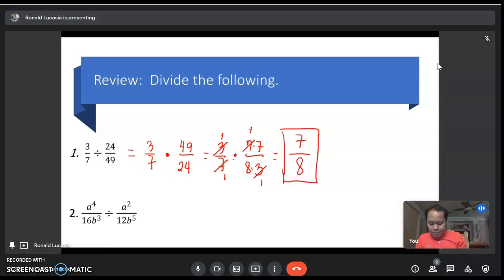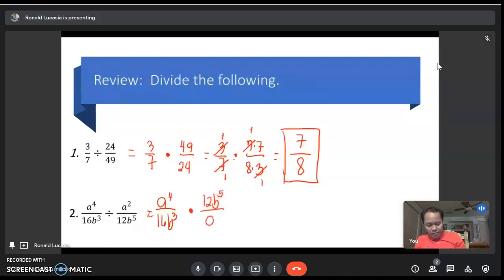For number 2, you have a to the fourth over 16b cubed multiplied by the reciprocal of the second fraction, which is 12b to the fifth over a squared.